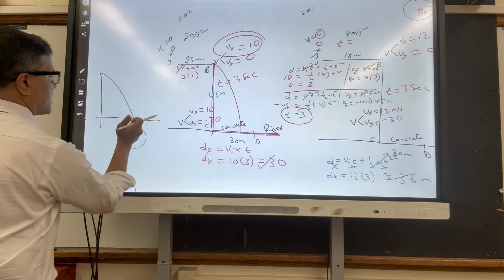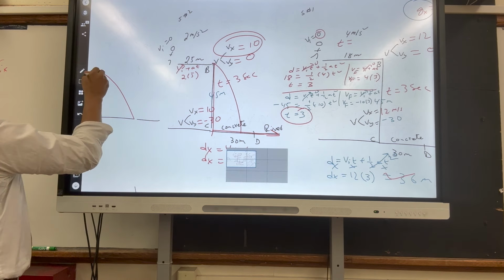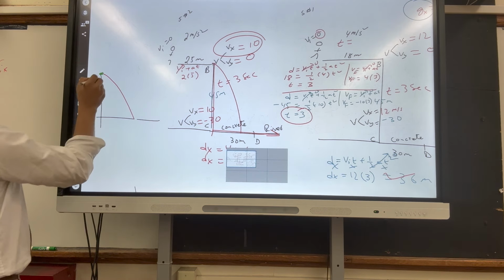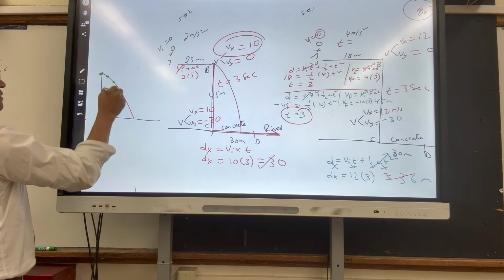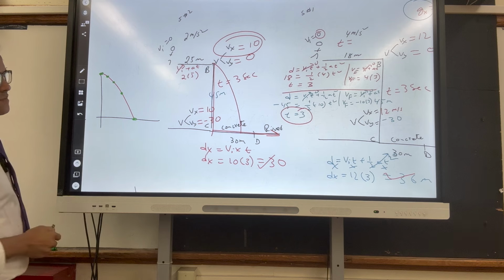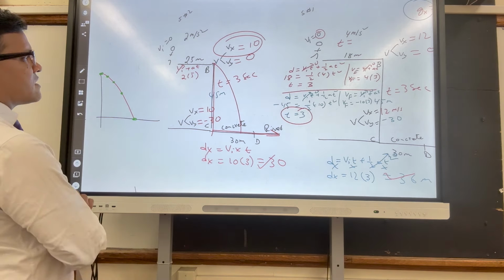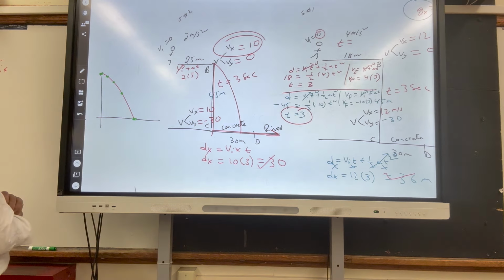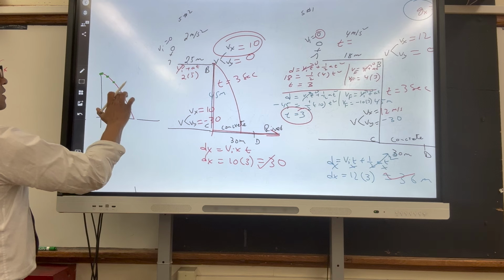At 4 locations, I want you to draw vectors. At 0 seconds, at 1 second, at 2 seconds, at 3 seconds. It only falls for 3 seconds, 45 meters.